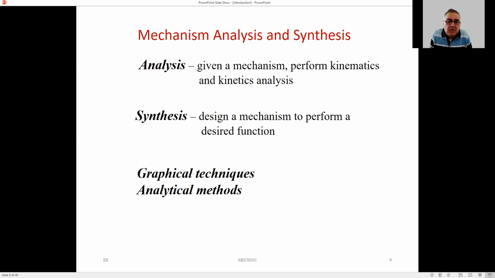And more commonly nowadays, we will be using analytical methods. The analytical approach is the more common and maybe better approach, but you have to have an understanding of graphical techniques as well. Okay, let's continue.